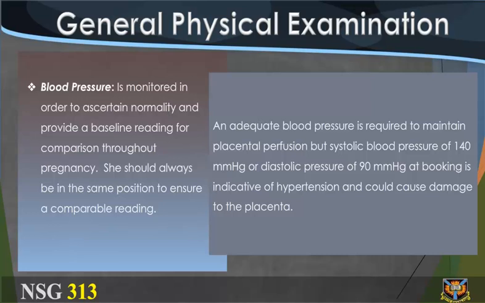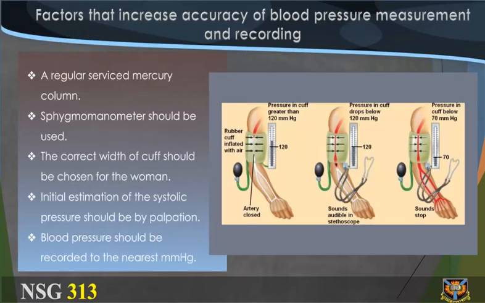Systolic blood pressure of 140 mmHg or diastolic pressure of 90 mmHg at booking is indicative of hypertension and could cause damage to the placenta. Factors that increase accuracy of blood pressure measurement and recording.